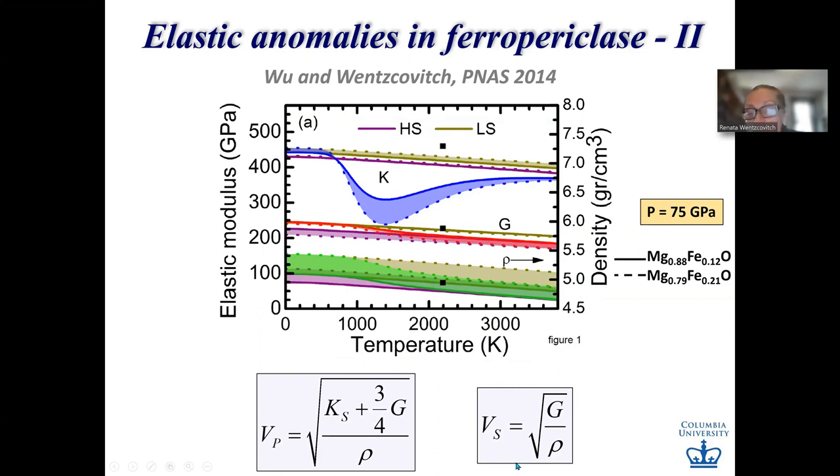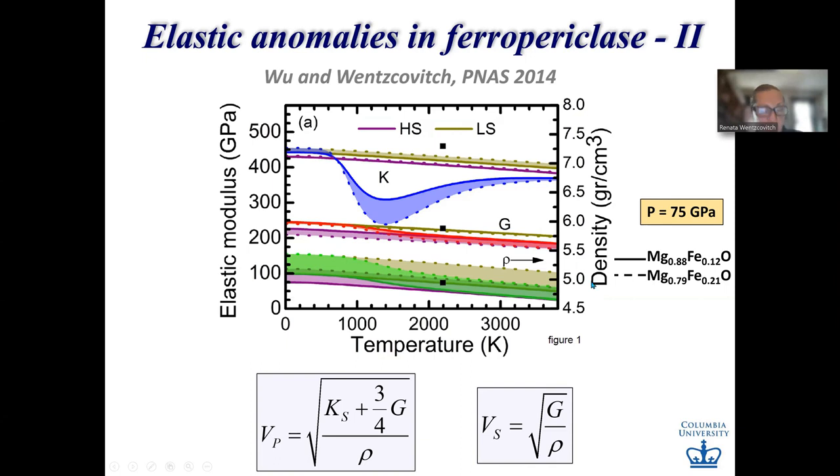So essentially, you increase the temperature, the shear velocity decreases. That's how we see low velocities in the tomographic maps, in the seismic tomography maps. The shear modulus will decrease with temperature and the bulk modulus will increase with temperature. So this VP here gets an anomaly. It might not go anywhere. If dG/dT is equal to dK/dT, VP doesn't change with temperature, right?